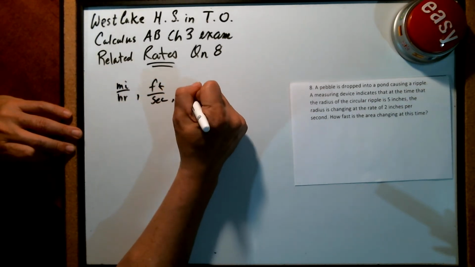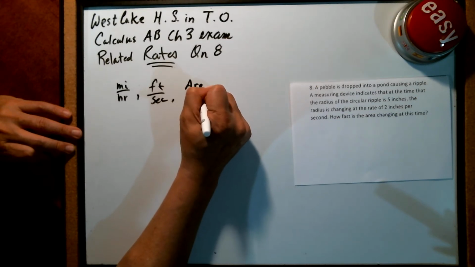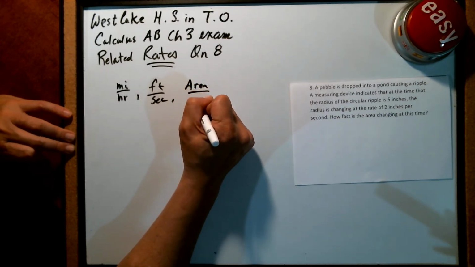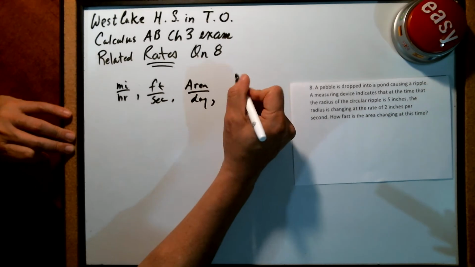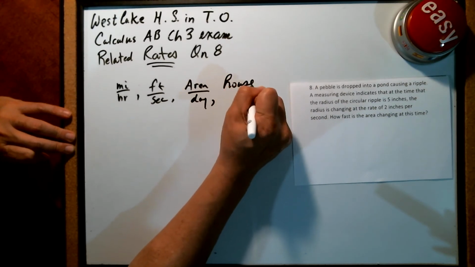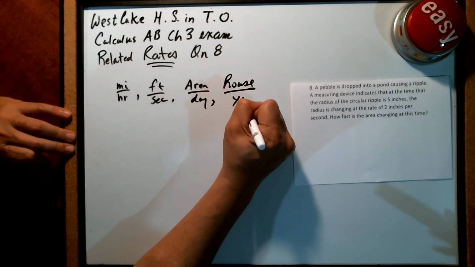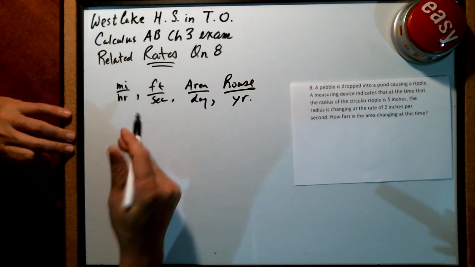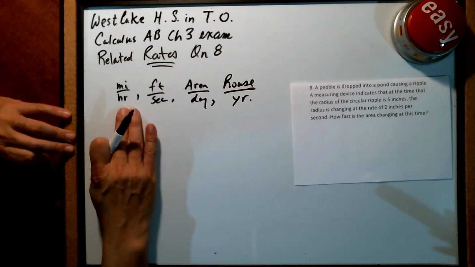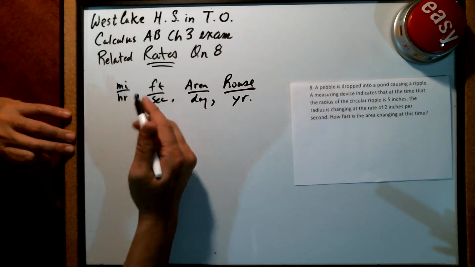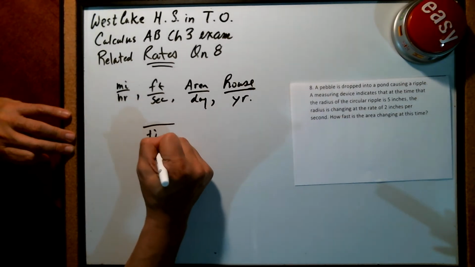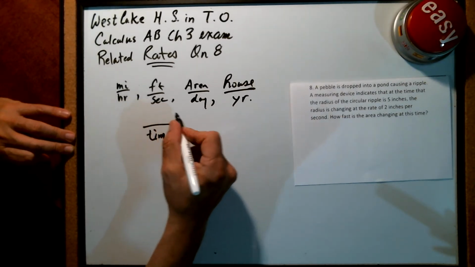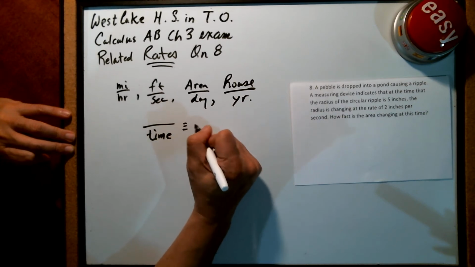It could be how the area is changing per day. It could be how many houses you're building per year. So what's the common denominator? Hour, second, day, year, it's always going to be per unit of time. Something per unit of time is by definition called a rate.